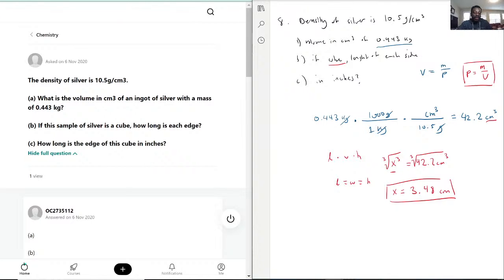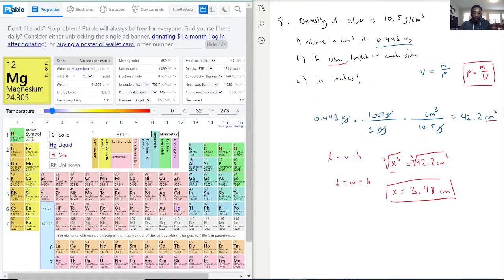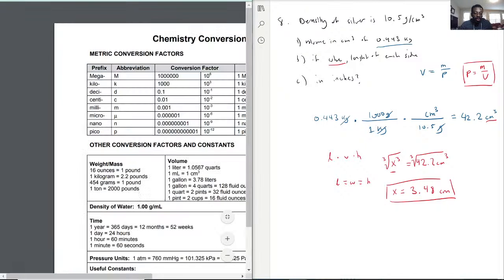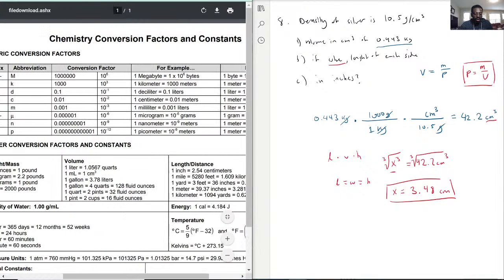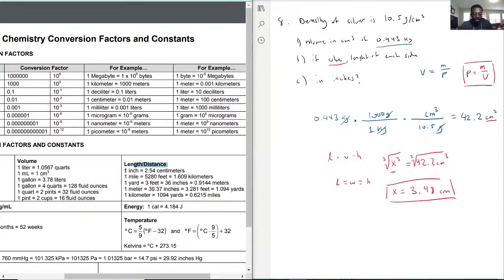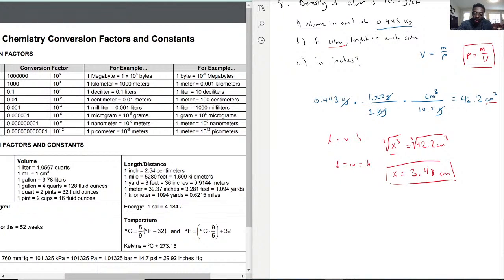Alright, so now they're asking for that length in inches. Okay, so if we go to our little conversion sheet here, length, 1 inch is equal to 2.54 centimeters. So what we do here is that we have 3.48 centimeters, right? And we're trying to get to 1 inch now. So 1 inch is going to be at the top, and we have 2.54 centimeters at the bottom.